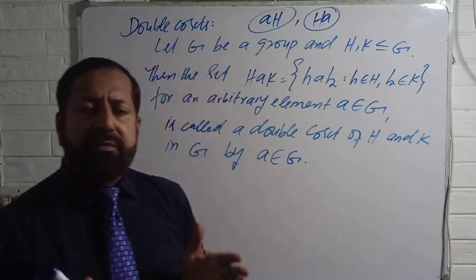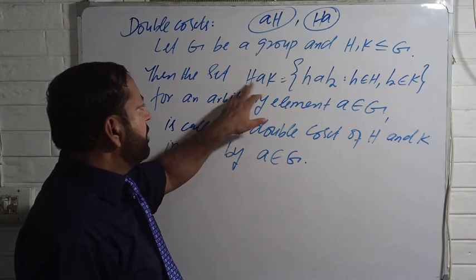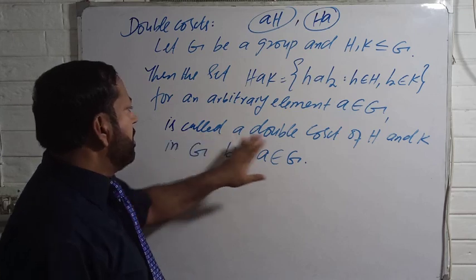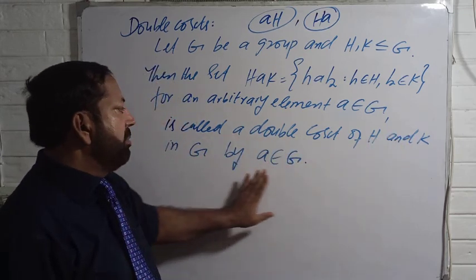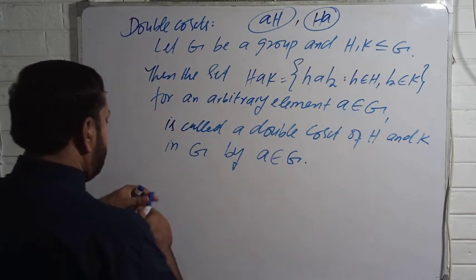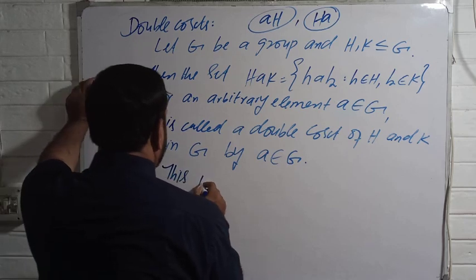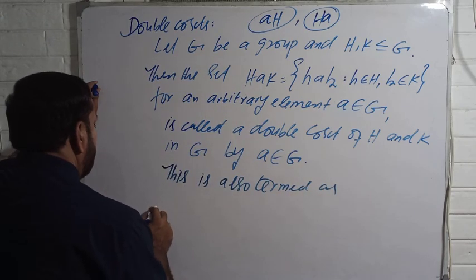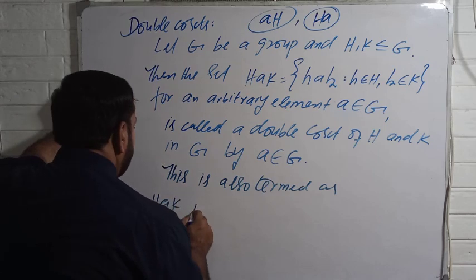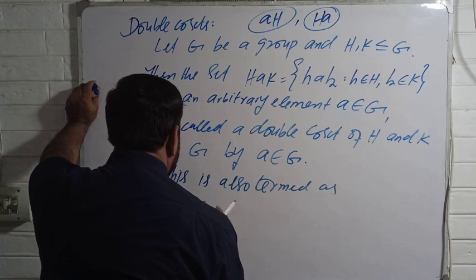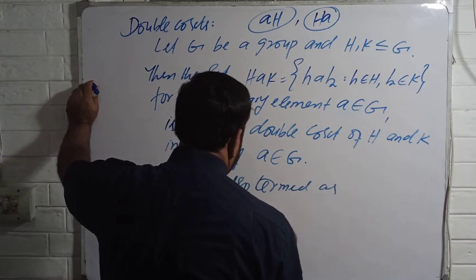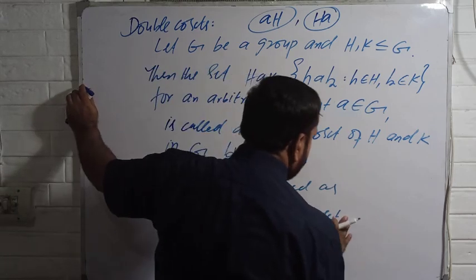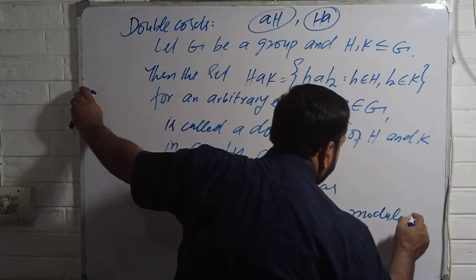Similarly, we are going to define the idea of double cosets. The double coset of H and K. So this is the set, and is called a double coset of H and K in G by a belonging to G. Or some people like to write this is also termed as HaK is the double coset modulo HK.